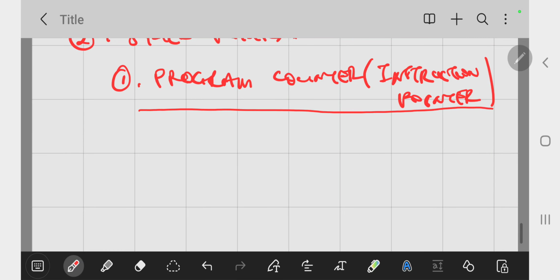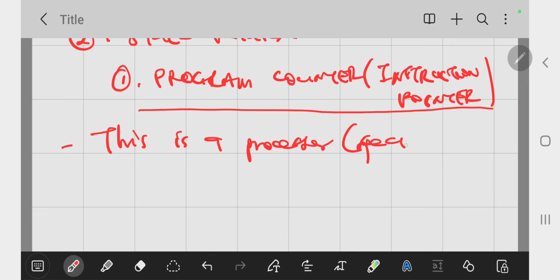The best way to define the program counter is to say this is a processor special register. Registers are used for storing data, usually as the CPU is running arithmetic operations. So we need to know the content found in a program counter, since we know that it stores data.